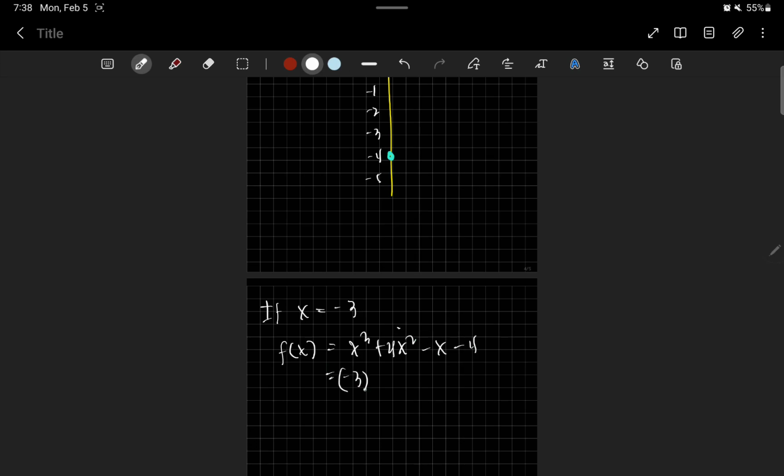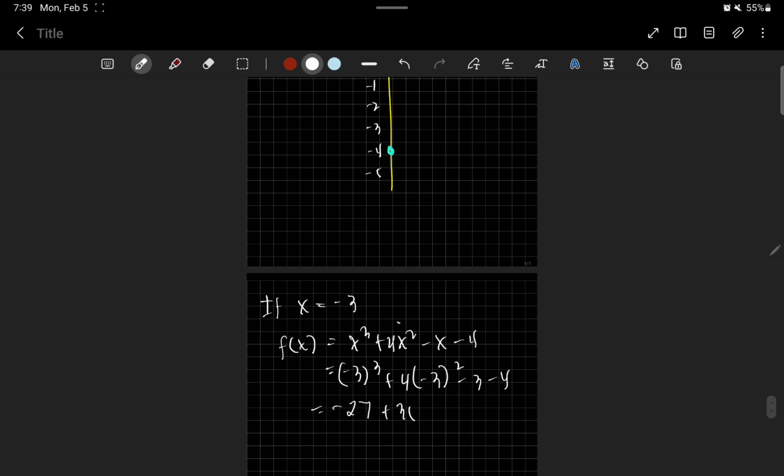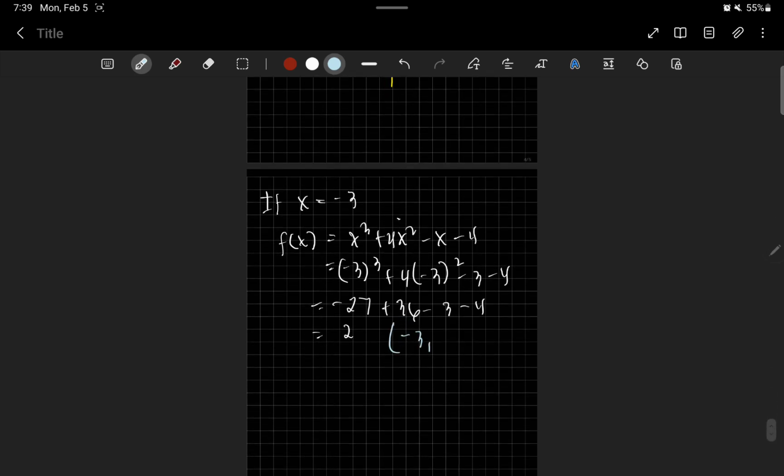That is (-3) raised to 3 plus 4 times (-3) raised to 2 minus (-3) minus 4. (-3) raised to 3 is -27. (-3) raised to 2 is 9, times 4 is 36. Then minus 3 minus 4. -27 plus 36 is 9. Minus 3, 9 minus 3 is 6. Minus 4 is 2. Therefore, the ordered pair here is (-3, 2).